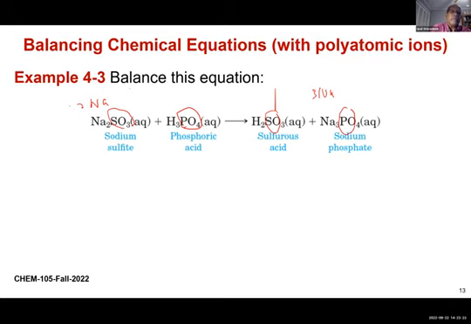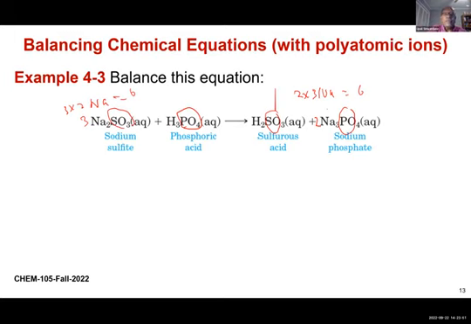That means 2 times 3, 3 times 2, that makes 6 sodiums. Therefore, you put a 3 here, 2 here. Okay, sodium is balanced.